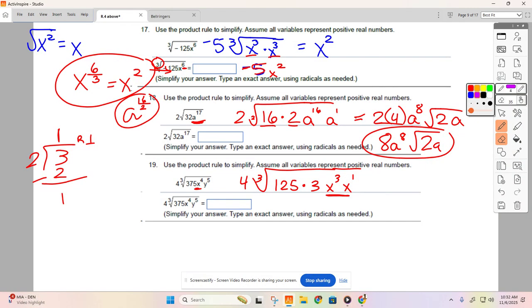So y to the 5th, I'm going to have y cubed, and I have 2 more left. When I simplify it, don't forget about the 4 out here. The cube root of 125 is 5. Under my cube root, I still have this 3. I'm going to leave it there.